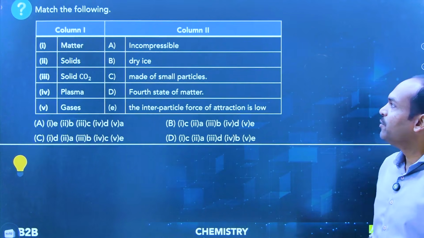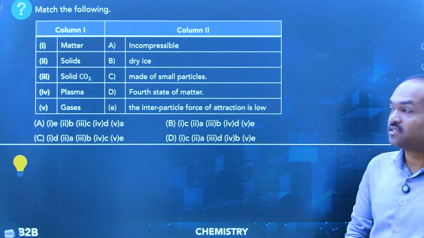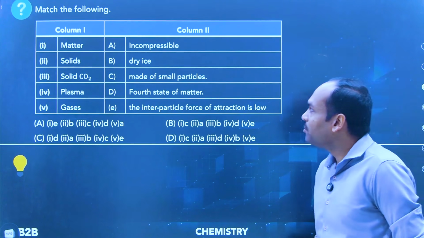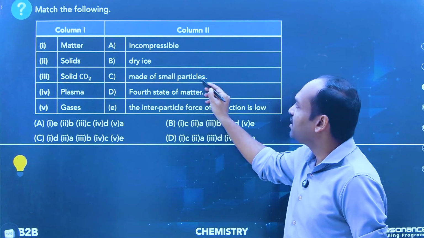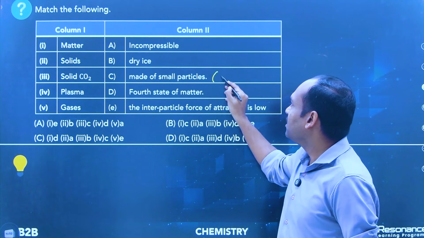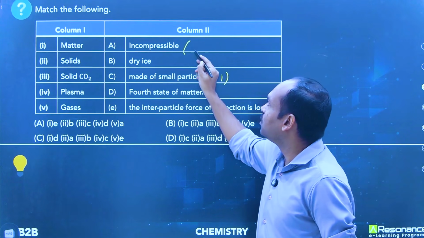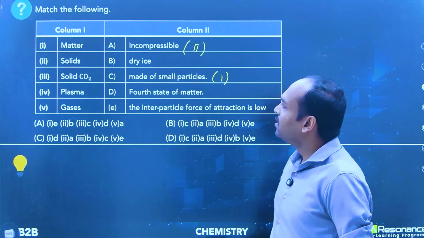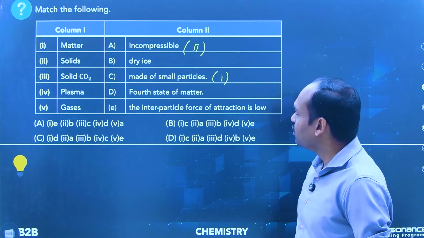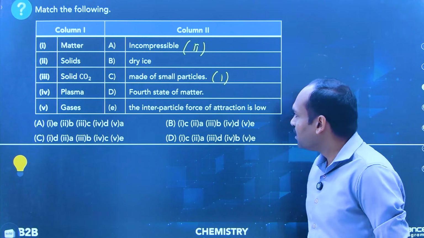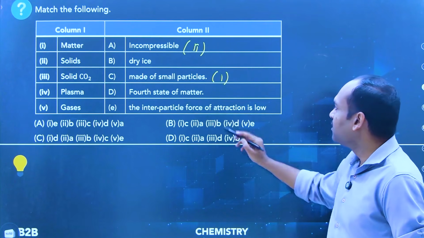Chalo. Tell me, beta. Please do not waste more time on the chat, beta. Discuss this. Matter. So matter can I match with being made of small particles? So this one, solids are incompressible, so second. Okay, then solid CO2, the interparticle force of attraction is low. Yes, it can convert into gas, beta.